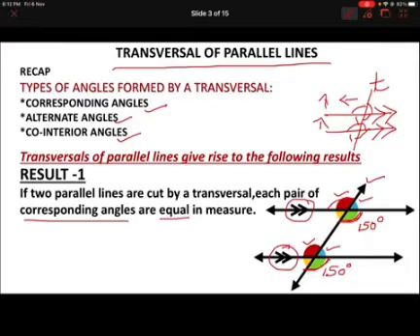Now you can easily say what the measure of blue angle is. Can you? You can, is it not? So this angle becomes 30 degrees and this angle also becomes 30. Why? These two angles are a corresponding pair, so they are equal in measure. I hope you understood that.